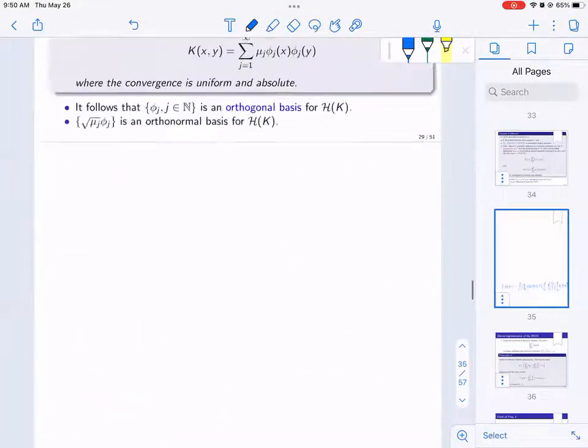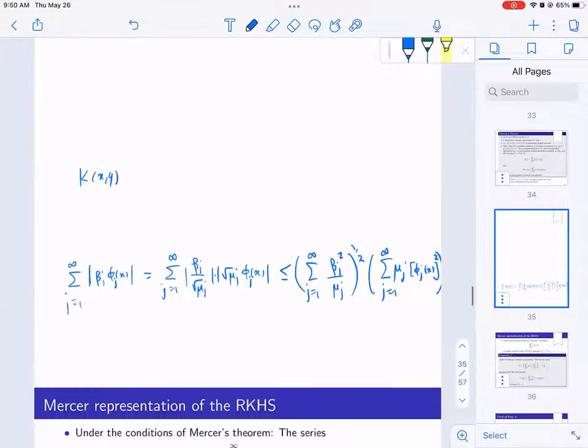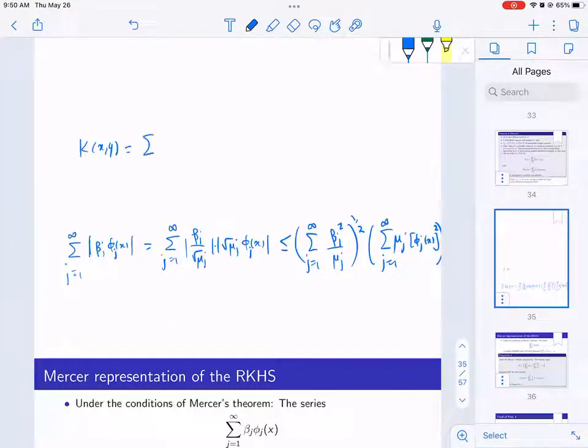From Mercer's theorem, we have this, the k of x, y series converges absolutely. So you get the sum of mu j phi j of x squared, j from 1 to infinity, is finite. Also the absolute value is finite.